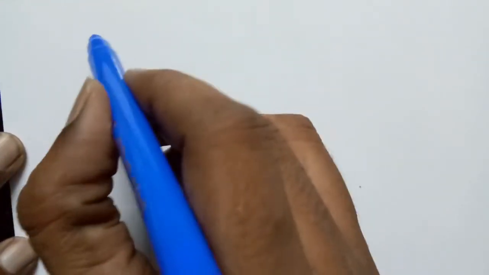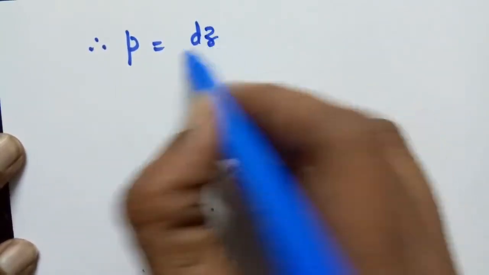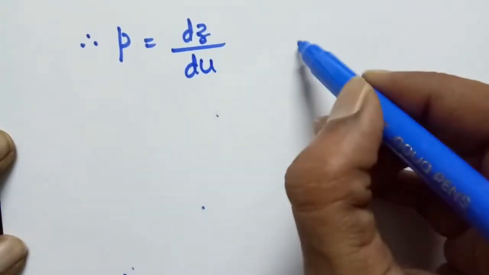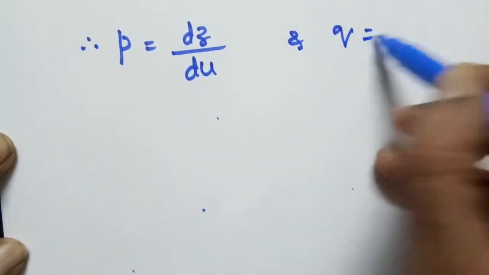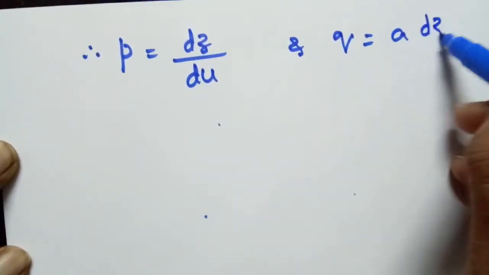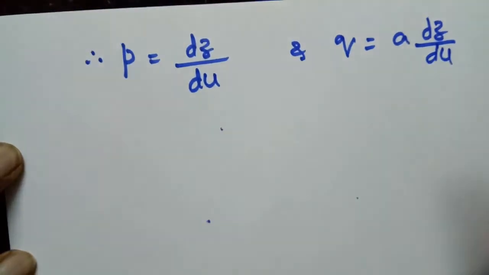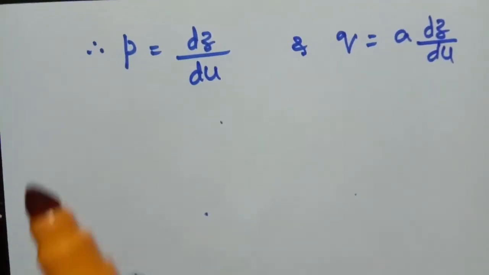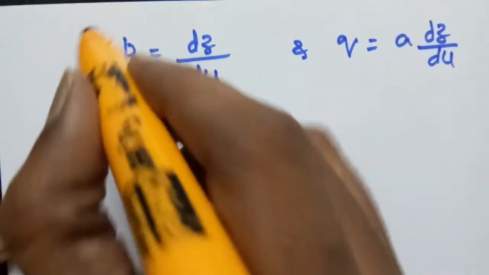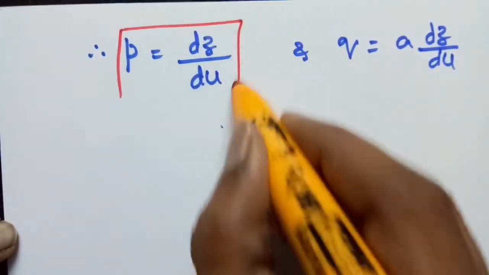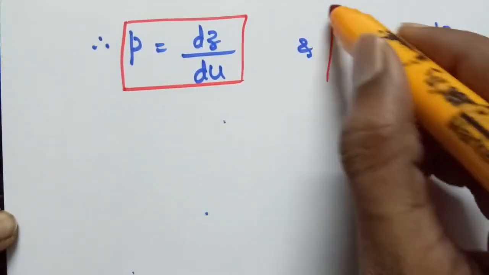Therefore, p is equal to dz by du and q is equal to a into dz by du. Substituting p and q in equation number 1.